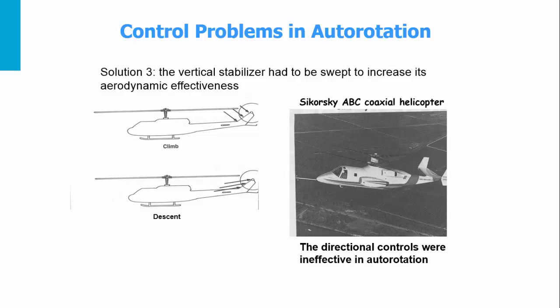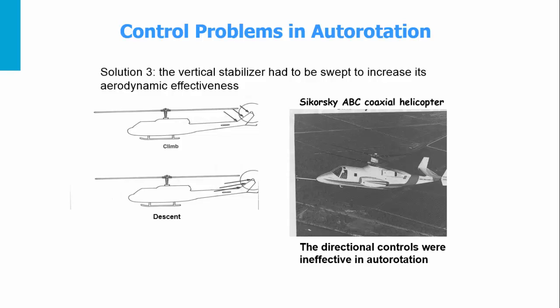Some other problems of autorotation: it is the tail shake due to the unsteady airflow. If the frequency of the turbulence matches one of the horizontal or vertical stabilizer natural frequencies, we will find ourselves in a resonance situation.